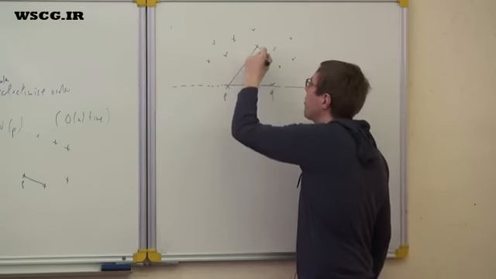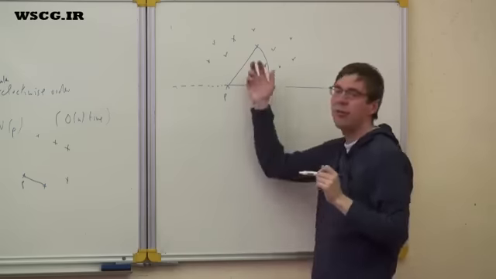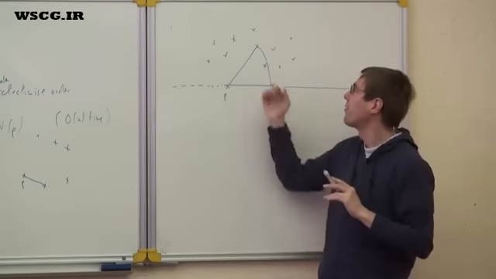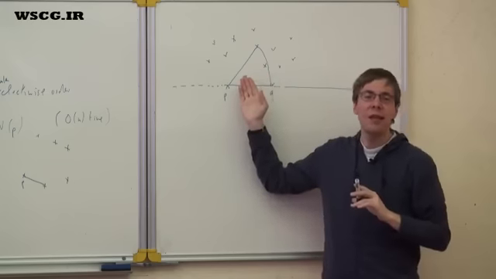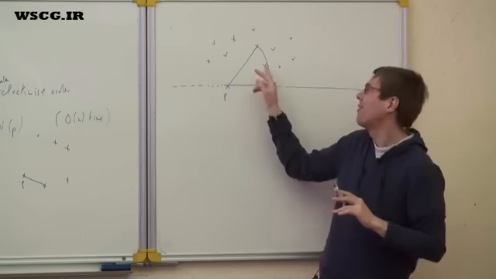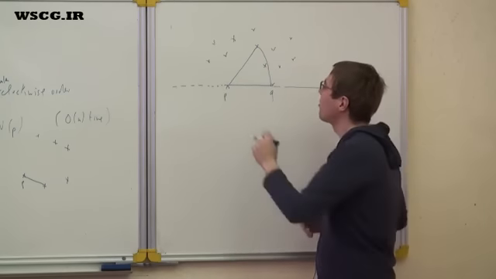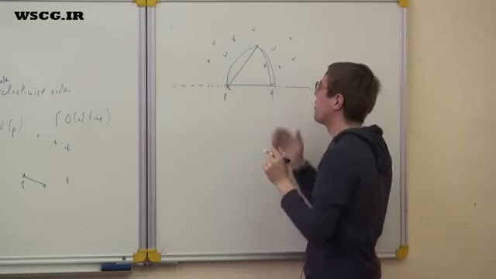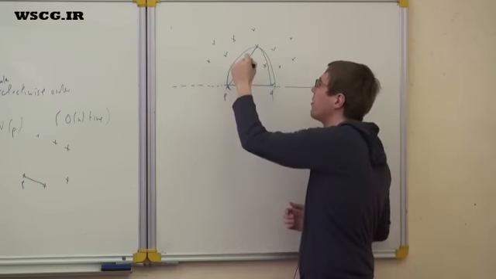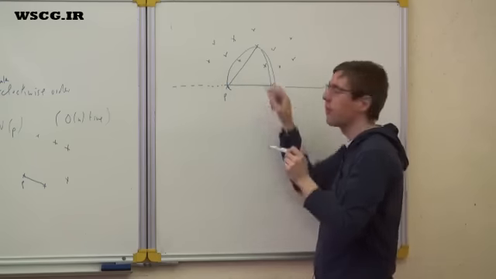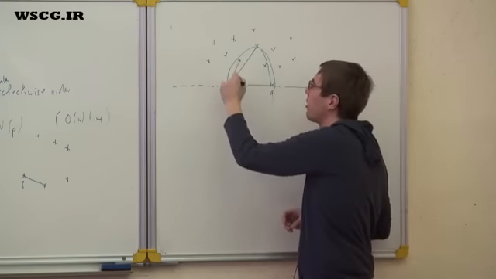So let's say this is the first point, and so I try this point and I make a triangle here. Right? And so I make this triangle, and then the question is, is this triangle good or not? Well, obviously not, because there's this point in here. But how can I see if it's good or not? So I look at the circle and I see whether it contains another point. And if it does contain another point, what do I do? I kick this point out, and I replace it by that one.